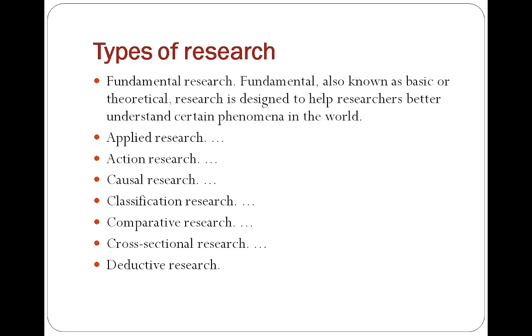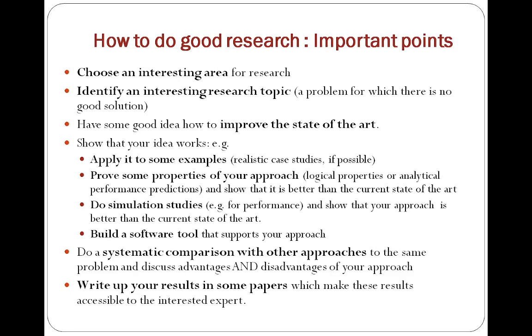These are other different types of research: applied research, action research, causal research, classification, comparative, cross-sectional research, and deductive research. And this is how to do good research. Some important points are: choosing an interesting area, identifying an interesting research topic, improvement of state of the art, that is doing a good literature survey, applying it in some examples, proving some properties in your research, and doing some simulation activities.